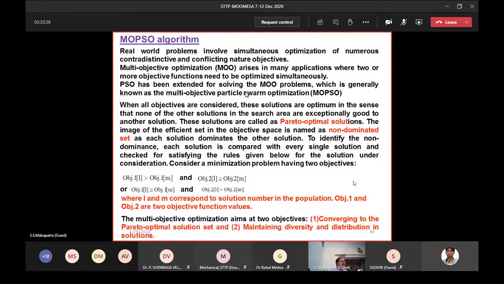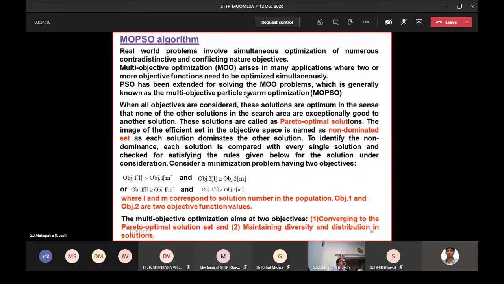In multi-objective optimization, we have more than one objective function, and all the objective functions are to be solved simultaneously, or all the objective functions must be met simultaneously. So in that case, it is difficult to get a single solution. You can get a single solution if all the objectives, suppose you have two objectives, F1 and F2.